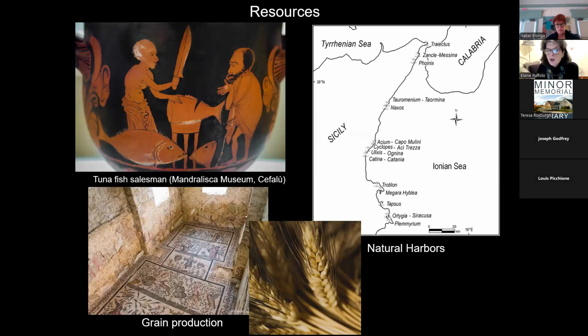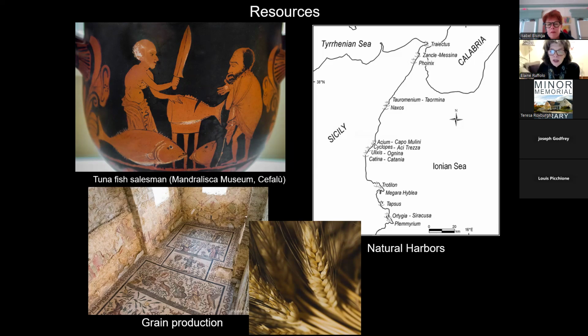Today, Sicily is, of course, considered a very poor region of Italy, and that's because of mismanagement and abuse thanks to the mafia. But in antiquity, its natural harbors, which you can see over here on the right-hand side of my slide, along the Ionian Sea, helped it out, of course.